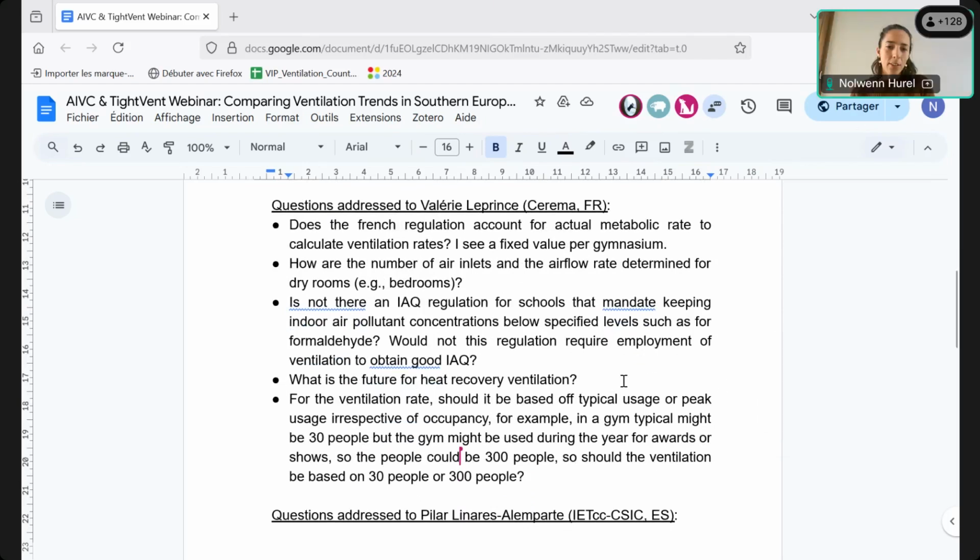Yes, and what is the future for heat recovery ventilation in France? As if I could read the future. Well, I think that we will come to this at some point. The thing is, we've got an intermediate climate in France. It's not that cold, not that hot.